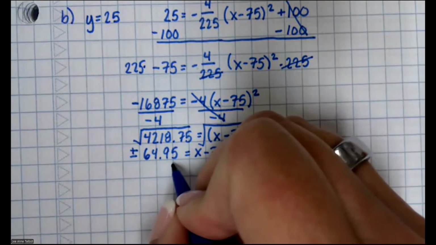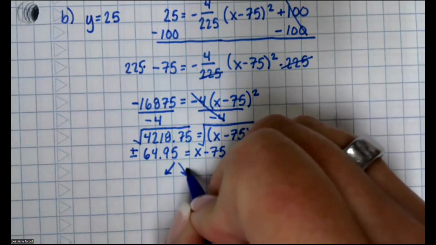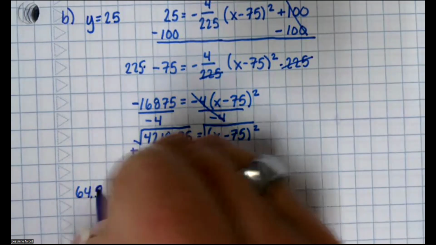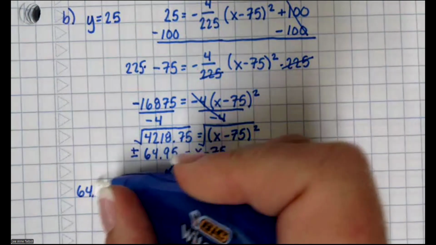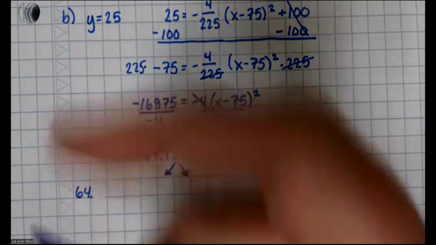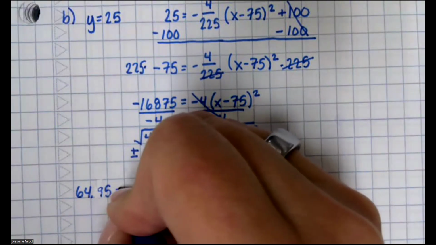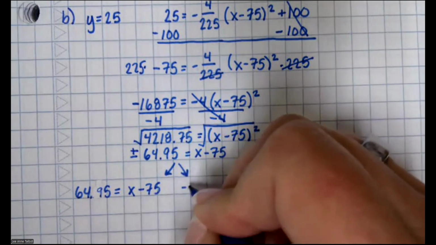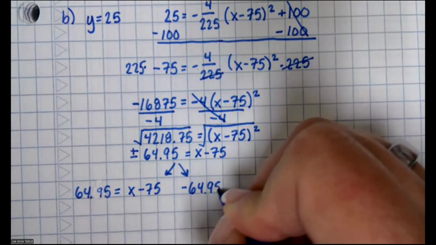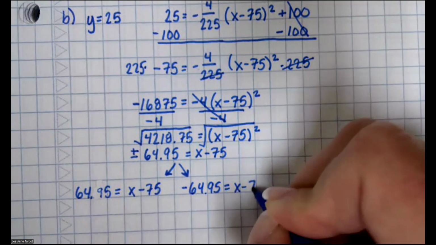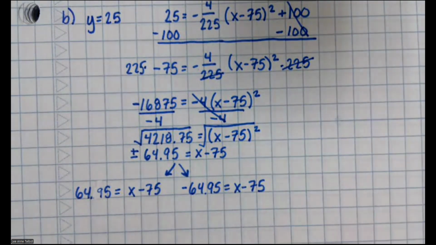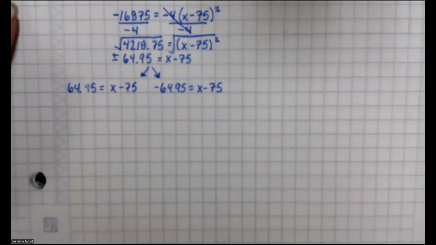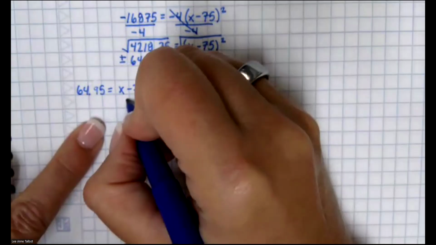Okay, and then because of the plus or minus, I'm gonna split it into two equations. So I'm gonna say 64.95 equals x minus 75, and negative 64.95 equals x minus 75. So I have a positive and negative, and then add 75 to both sides.